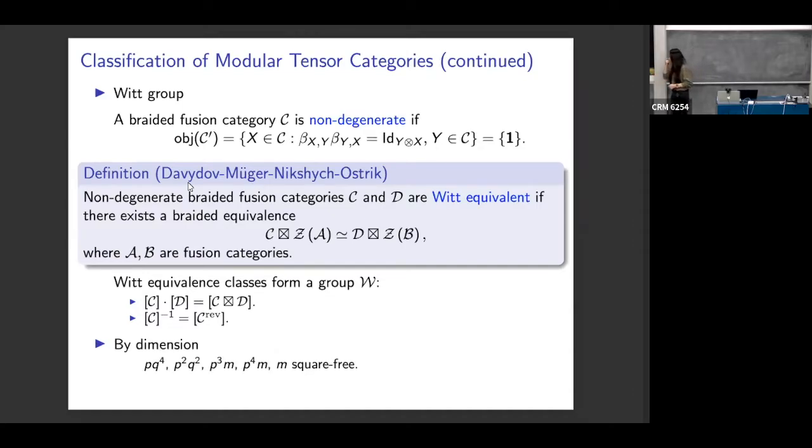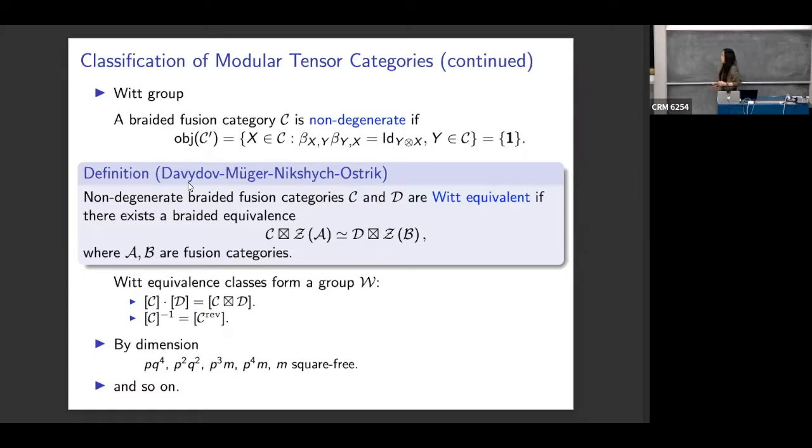There are other directions for the classification of modular tensor categories in terms of the factorization of the dimensions. This is perhaps not a complete list, and I apologize for that. And of course, this is not a comprehensive description of all the classification of modular categories that is going on. So there are other directions. Okay.